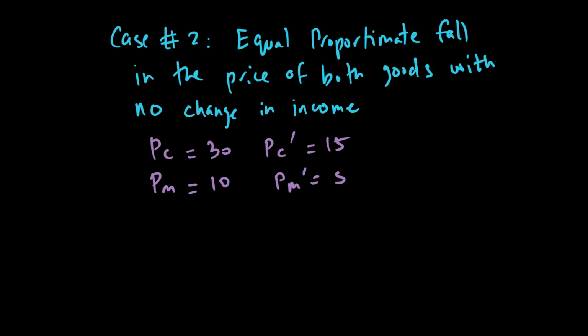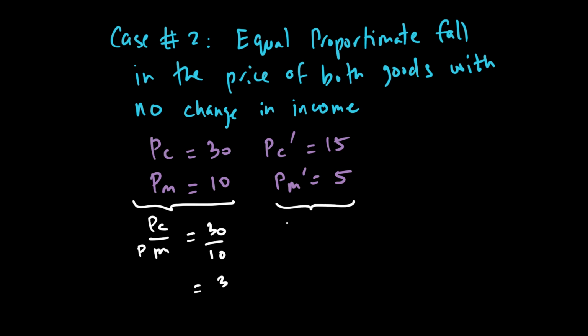This means that concerts and movies have both become cheaper in an equal proportionate manner. If I find the slope previously, my slope of the budget line was PC over PM, which was 30 over 10, which was 3. And even now it is going to be PC dash over PM dash. The new ratio is the same, 15 over 5, which is also 3.